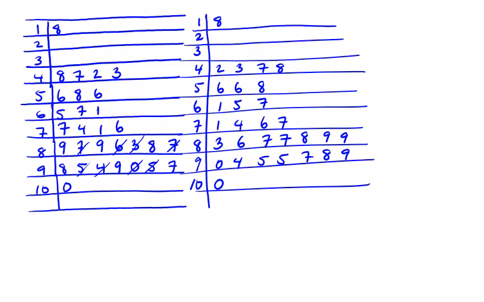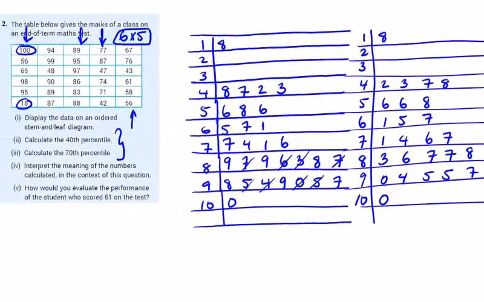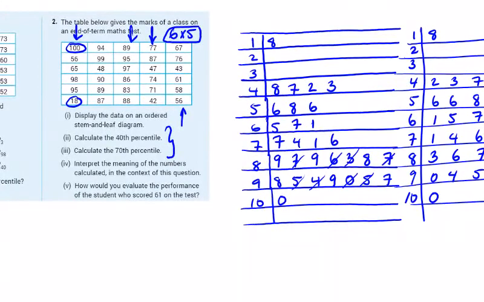So let's see what we're asked about this. Display the data we have, the 40th percentile. Okay, so we have 30 pieces of data. If we multiply to get the 40th percentile, we'll get the number 12, and when it's a whole number, we have to take that 12th piece of data and the 13th, and divide by 2.